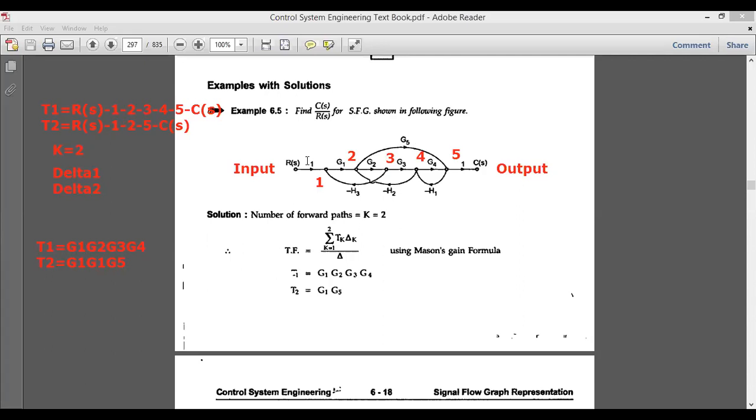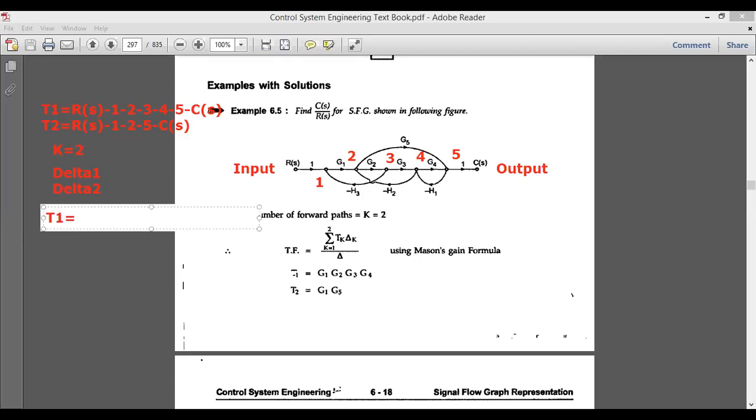Now once you have K, you get the value of the transfer function. What you are seeing here, T1 is equal to G1, G2, G3, G4 and T2 is equal to G1 and G5, are nothing but your actual forward paths. The repeated value of G1 will not come again, so it is only G1, and I will write it once.